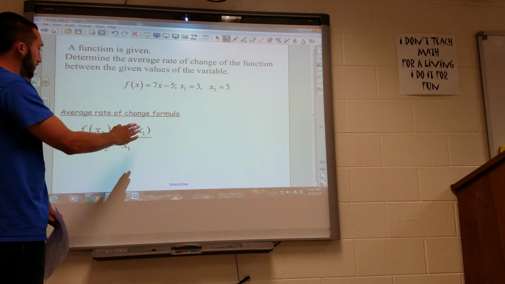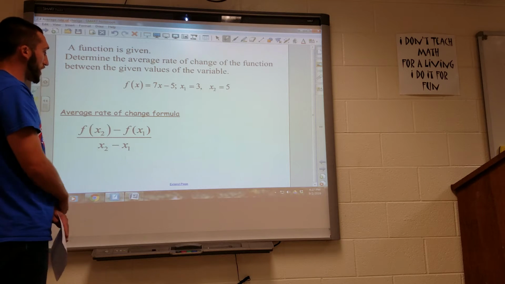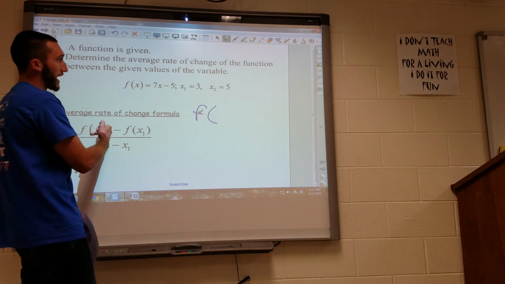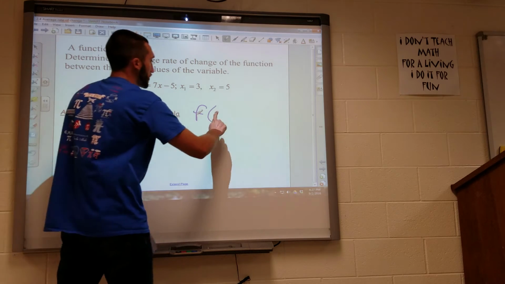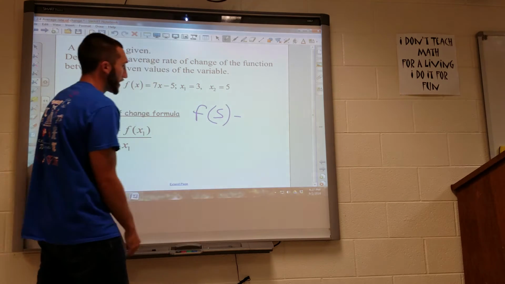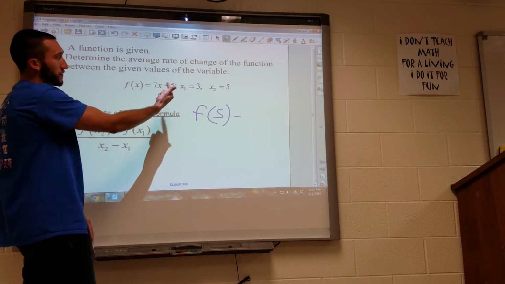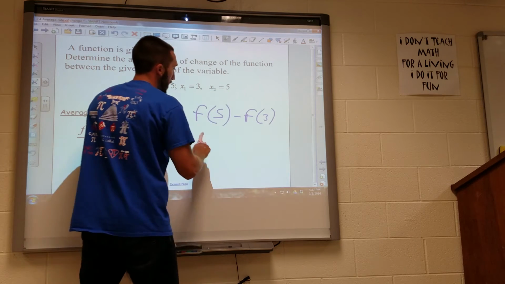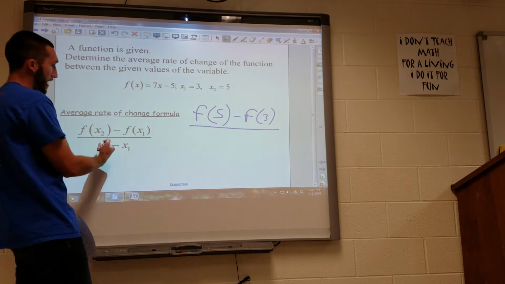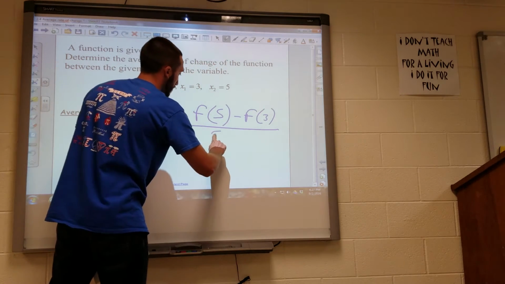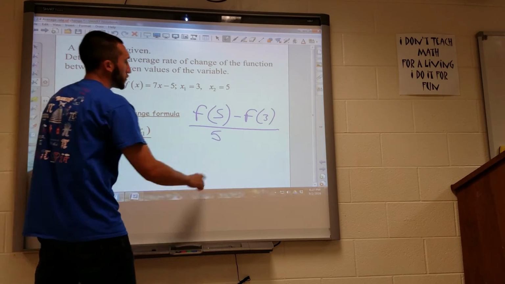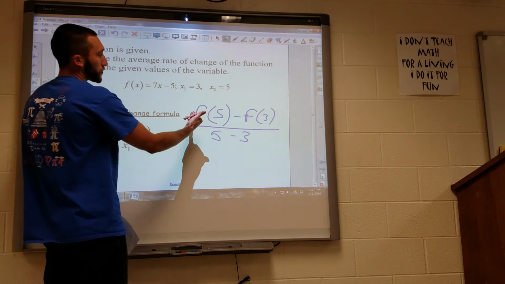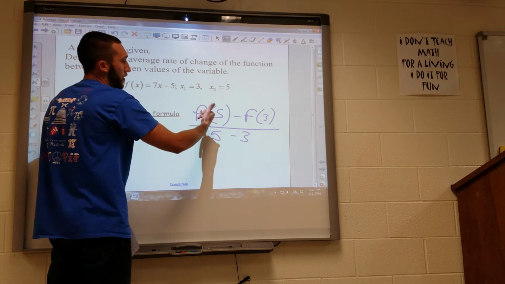So I'm going to plug into the average rate of change formula. So f of x2, well in this case my x2 is 5. Minus f of x1, in this case my x1 is 3. And I divide that by my x2, which is 5, minus my x1, which is 3. So now I just go through and solve what my f of 5 would be.